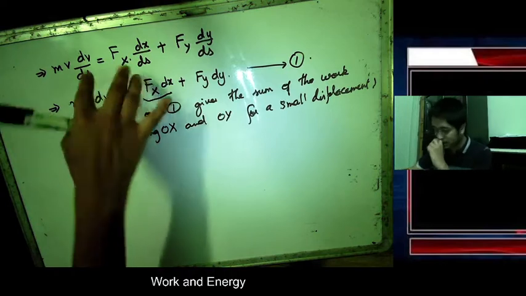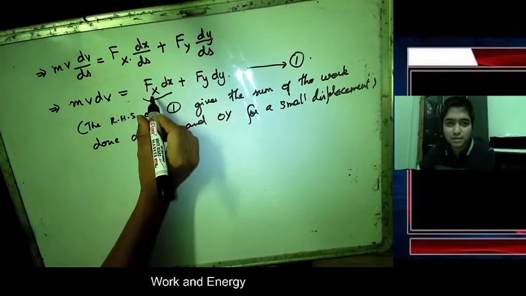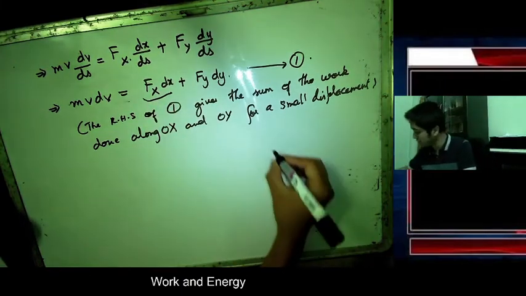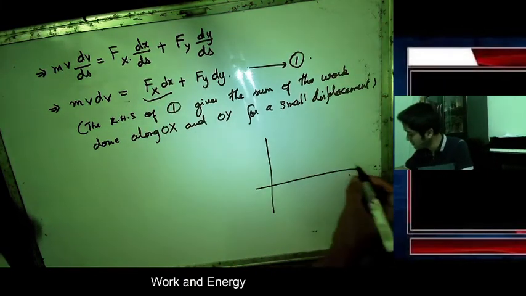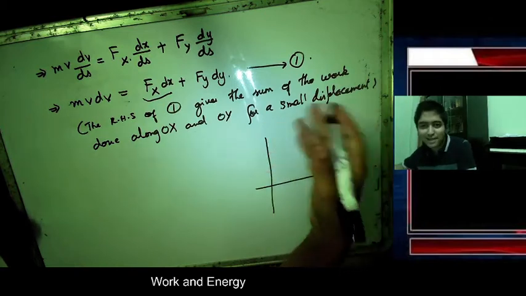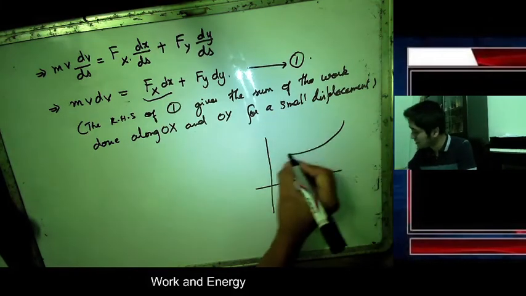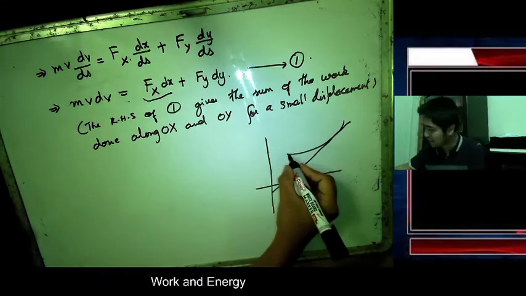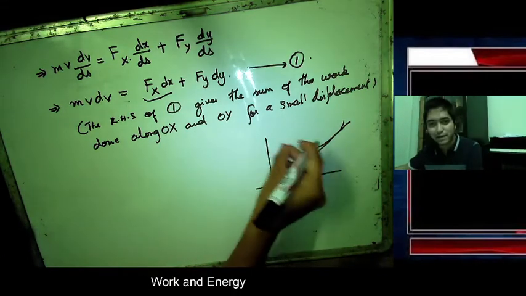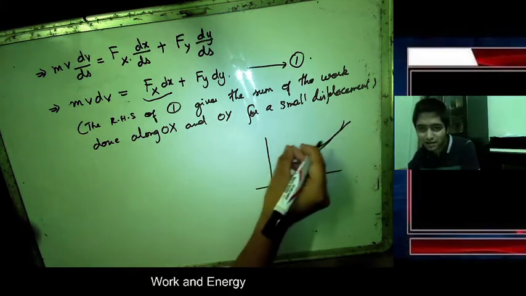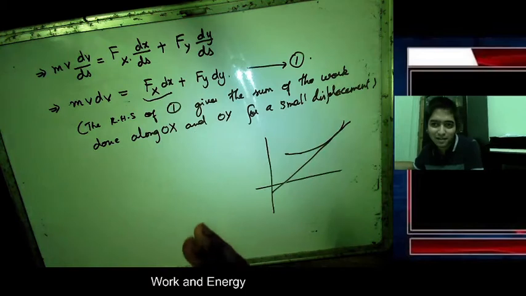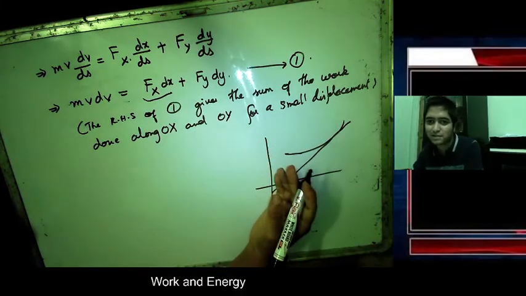So the force depends on the angle, right? The force depends on the angle. So I should also say that the angle depends on the force. What is making this particle move? The things making this particle move are the forces.